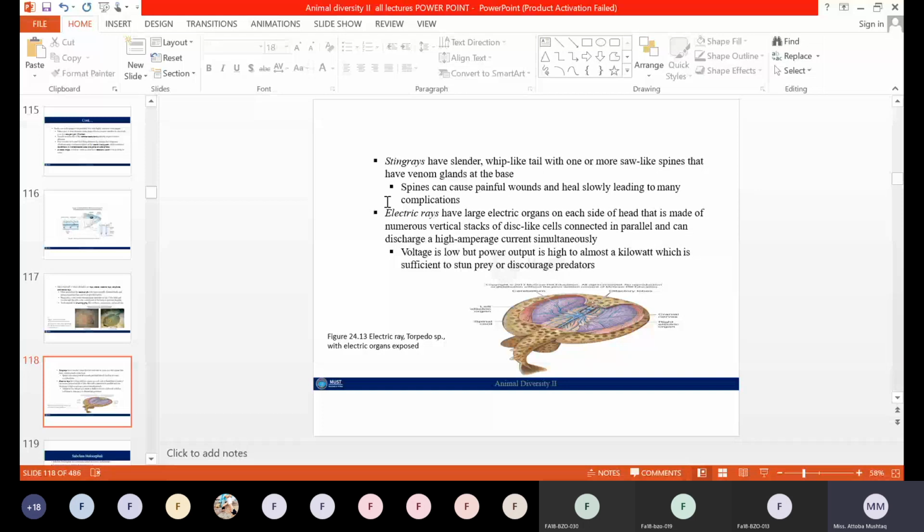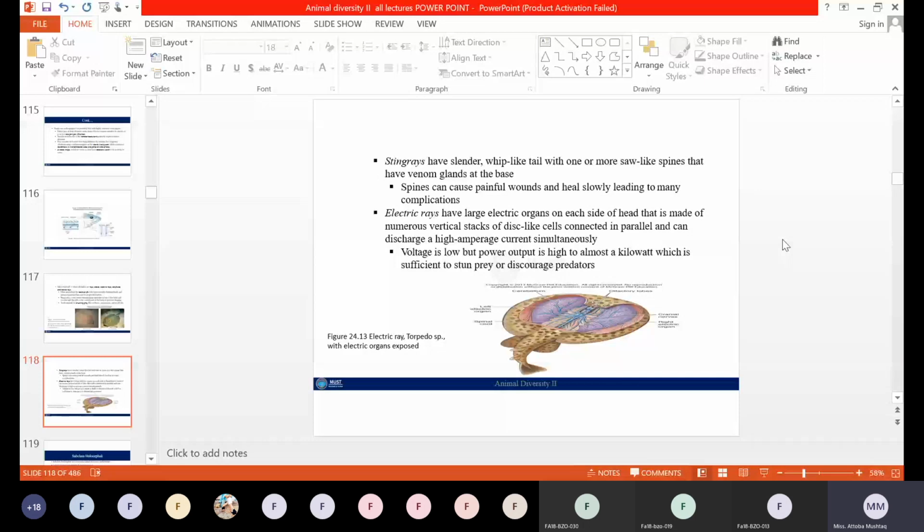That is why they are known as electric rays. The voltage is very low, but the power output is high enough, almost some kilowatts, which is sufficient to stun the prey or discourage predators.